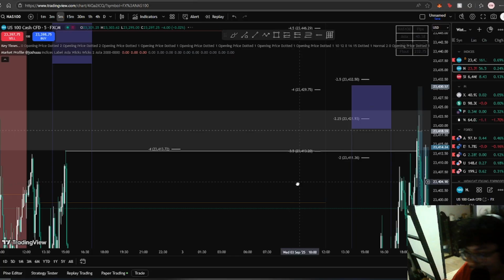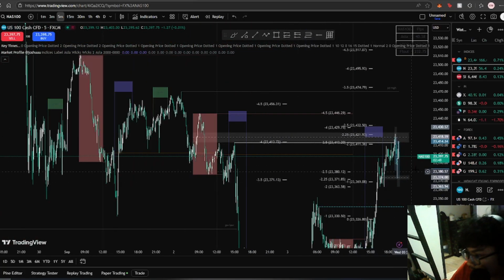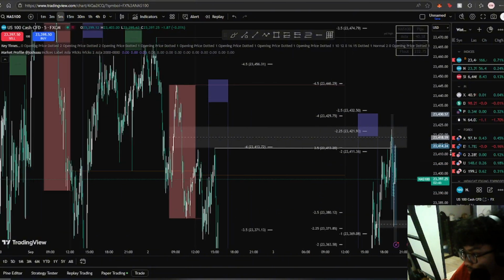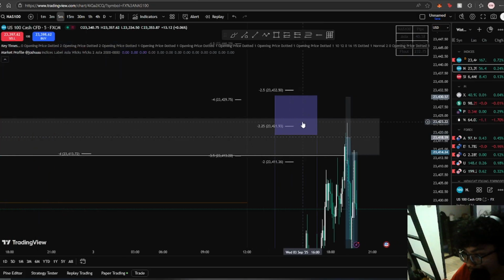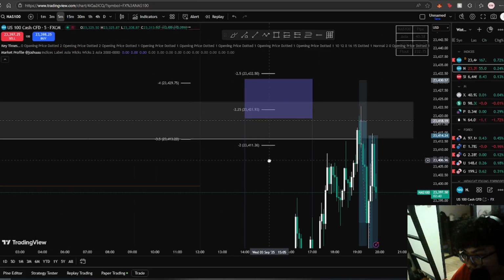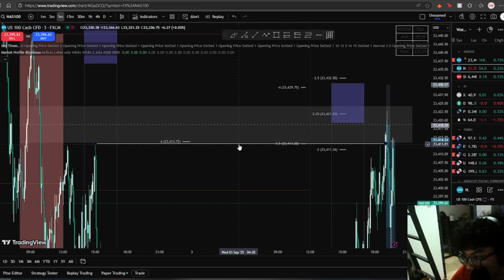And obviously we knew this was a good trade to take because we had lots of levels lining up. We didn't take it here though. We took it at 2.95 because it would have made sense here. We didn't take it at this.